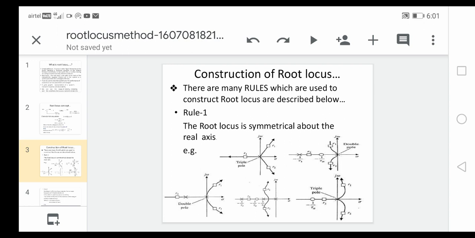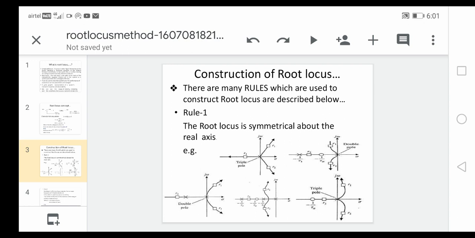Once you know the poles and zeros, you need to recognize those points on the S plane. For example, if you have complex poles and zeros, we are not bothered about them. Only the poles and zeros present on the real axis need to be considered when considering the root locus on the symmetrical axis.